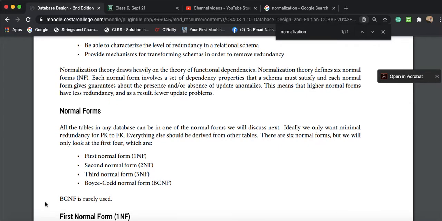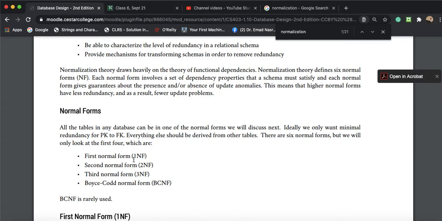As you see here, it says BCNF is rarely used. So our goal is to make sure the relational schema is in the third normal form.